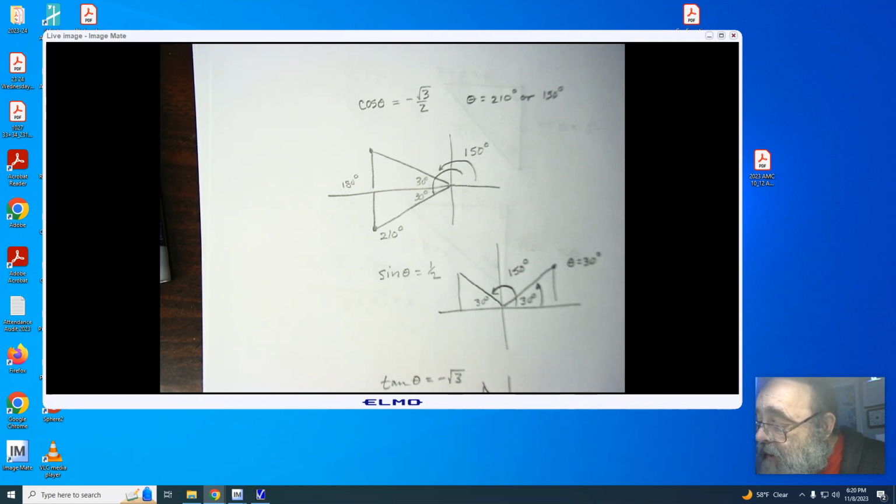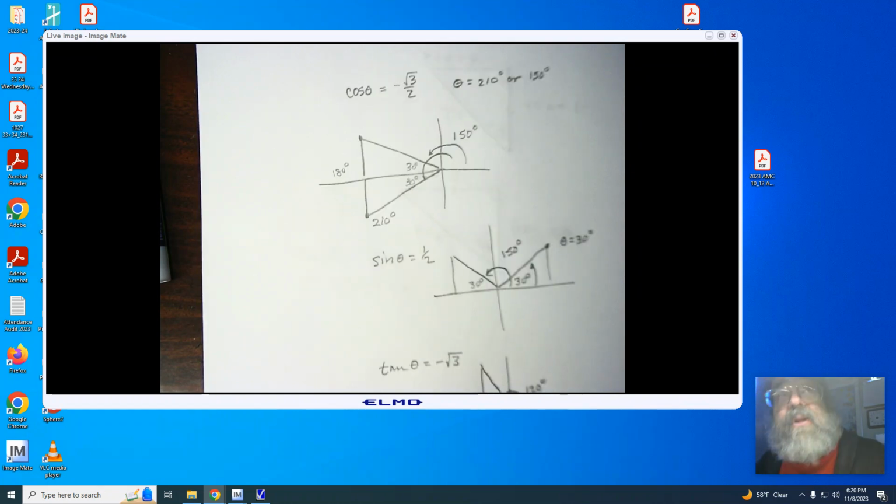And I need to make sure I put it in both places. So the first angle is the supplement, and that has to be 120 degrees. And the second is going to be 360 minus the angle. And I'm going to have to go all the way around. So I'm going to go 360 minus the 60-degree reference angle, and I get 300 degrees.